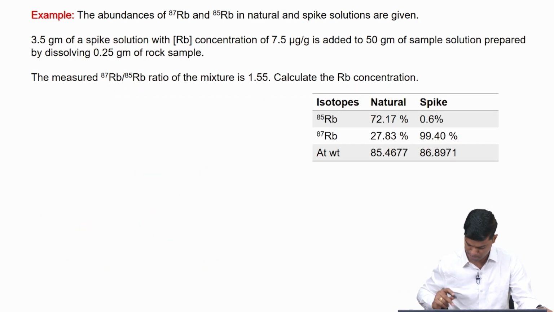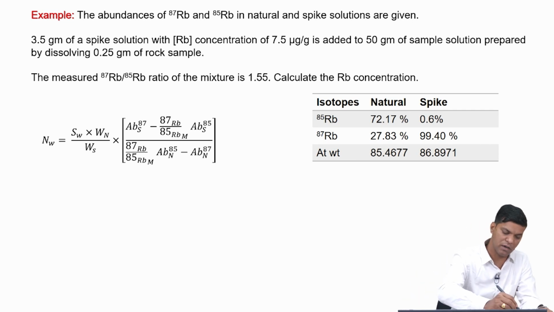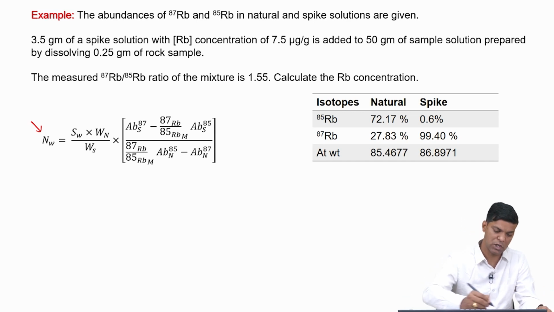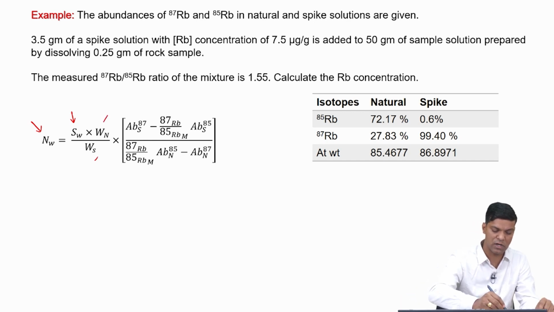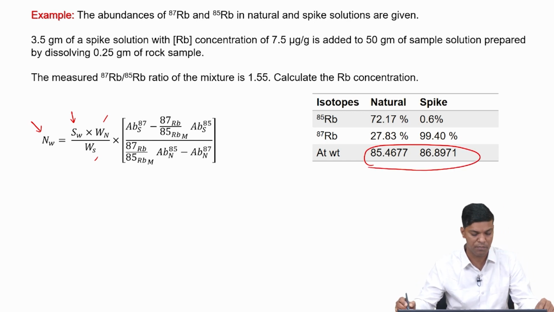Let us try this. So, this is the expression that we derived. N weight means the amount of rubidium, in grams, that is there in the rock, and it is equal to how many grams of rubidium are added in the mixture. The atomic weights of natural sample and spike I have calculated, and they are given in this table.